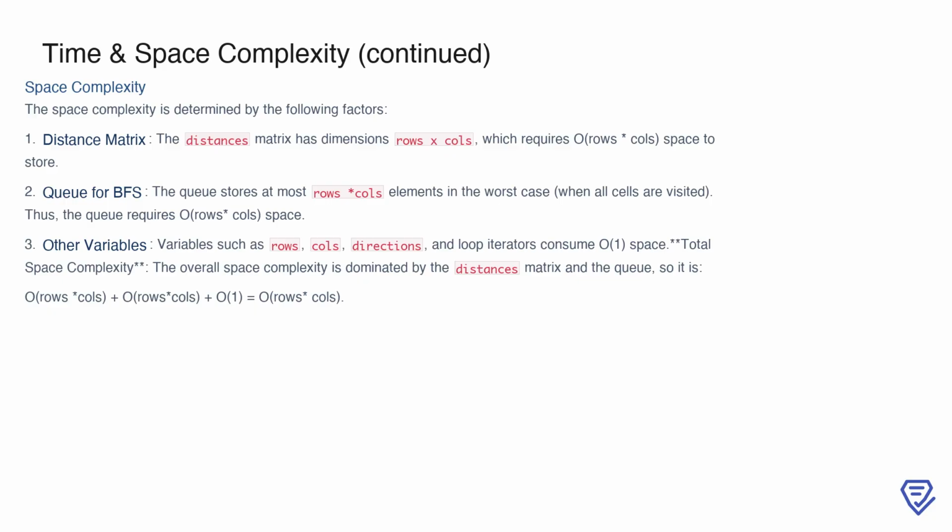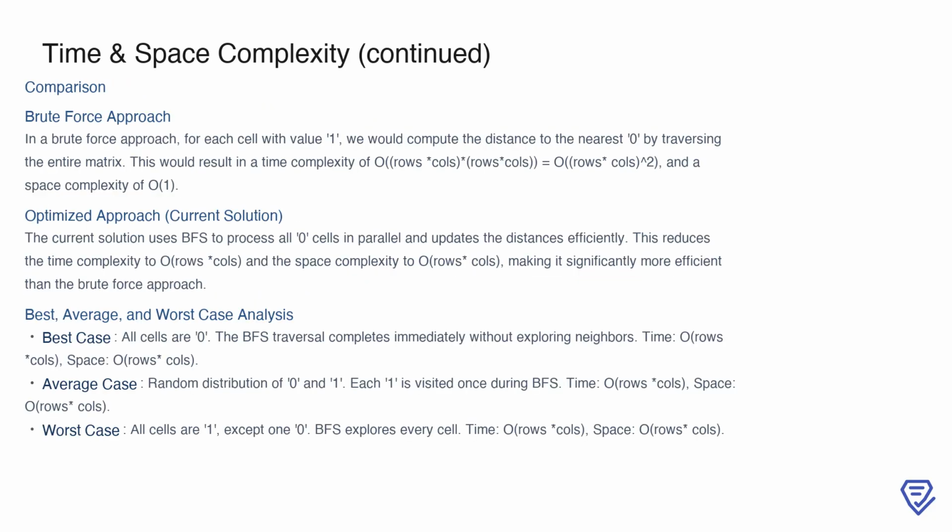Lastly, variables such as rows, cols, directions, and loop iterators contribute only a constant amount of space, or O(1). Combining these factors, the total space complexity of the solution is dominated by the distances matrix and the queue, resulting in rows * cols. When we compare this optimized approach to a brute force method, the efficiency becomes clear.